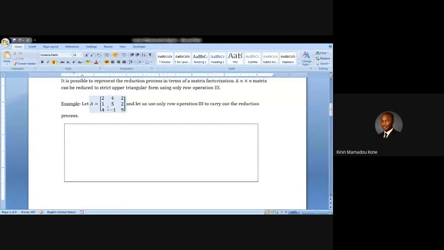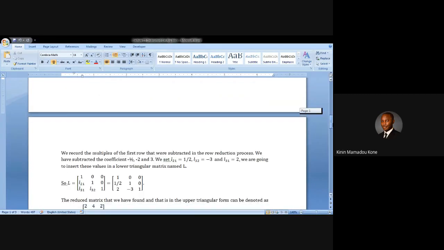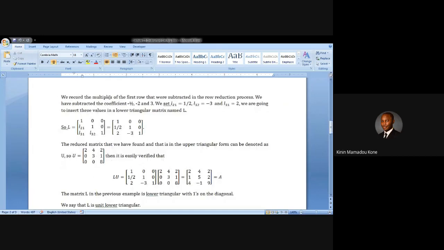We had the matrix A, and we used row operation 3 to carry out the reduction process. When you do that, we record the multiples of the first row that were subtracted in the row reduction process. We subtracted the coefficients negative 1 half, negative 2, and 3, and we set L21 equals one half, L32 equals negative 3, and L31 equals 2. And we are going to insert these values into a lower triangular matrix named L.